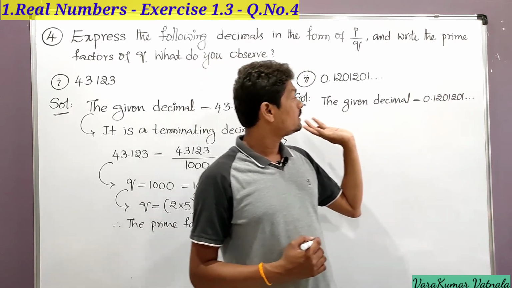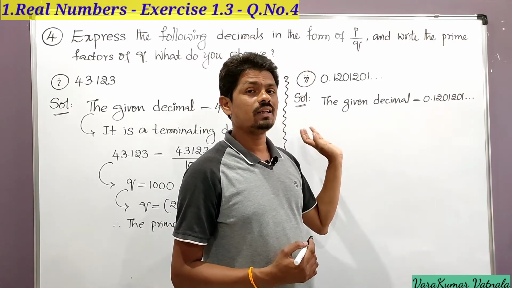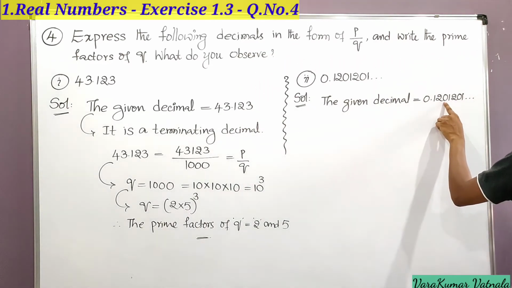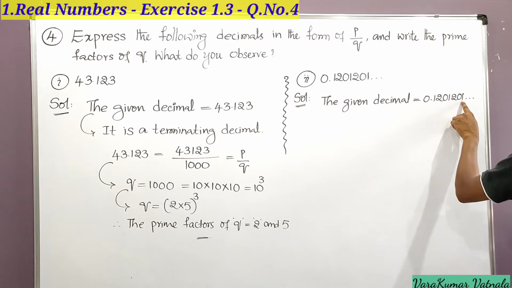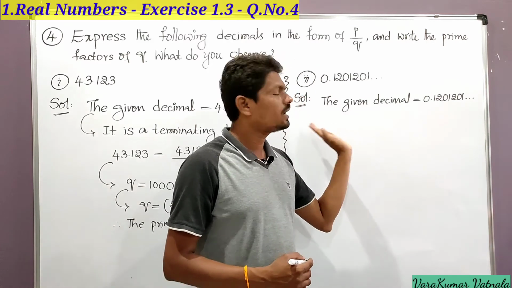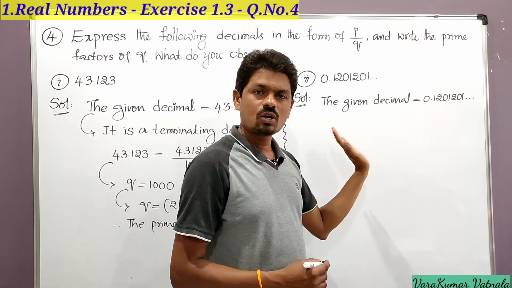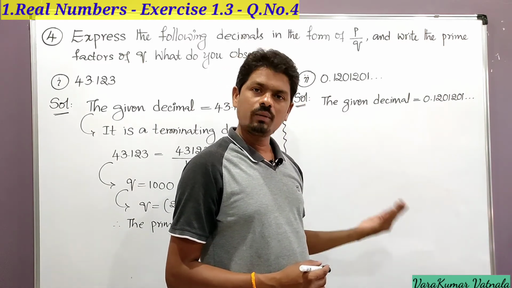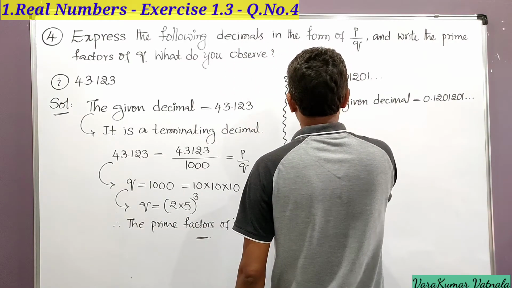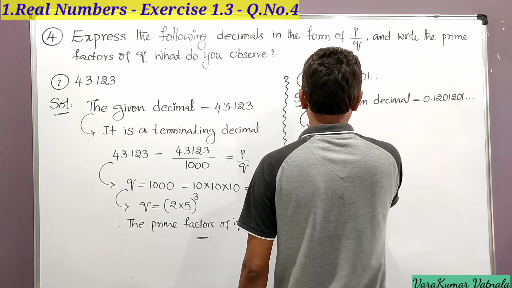But whether there are any repeating digits in the decimal, you have to observe. 120 is there, here also 120 is there, but only 1 is there, there is no 20. So here it is not repeating. So here it is a non-terminating, non-repeating decimal.